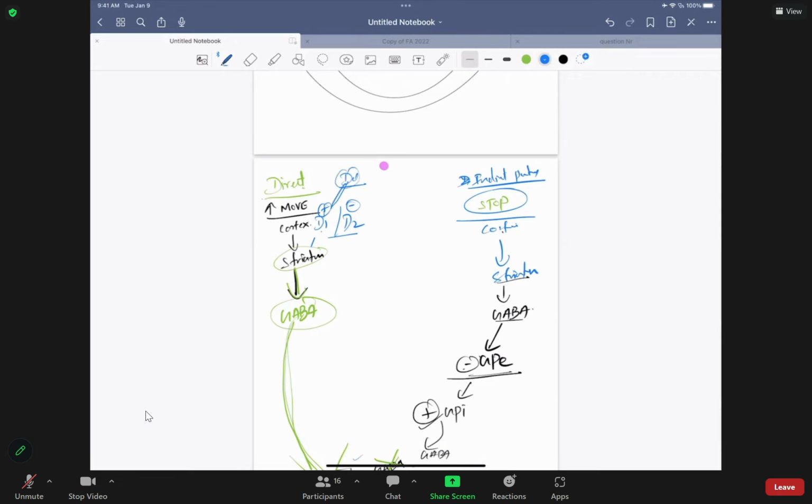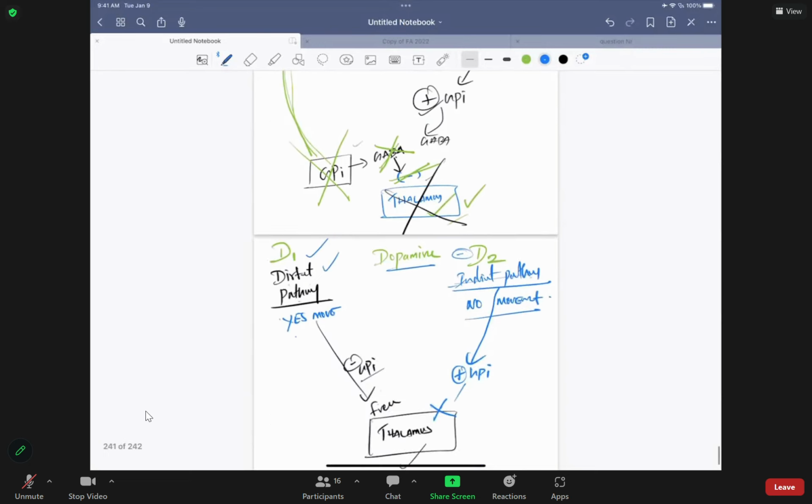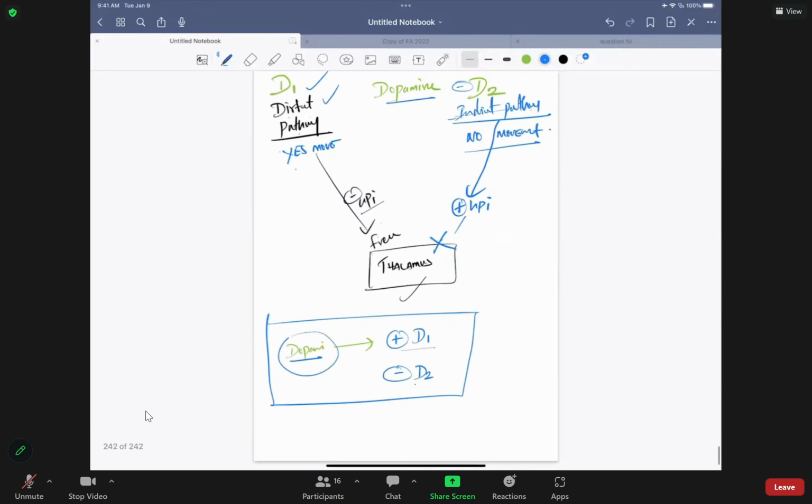Is that clear, folks? Dopamine binds to D1 and stimulates it. It binds to D2 and inhibits it. Is that clear, folks? When you have this, you have a movement.